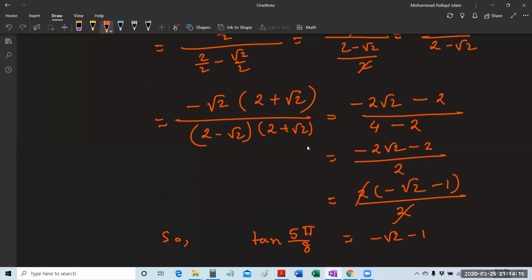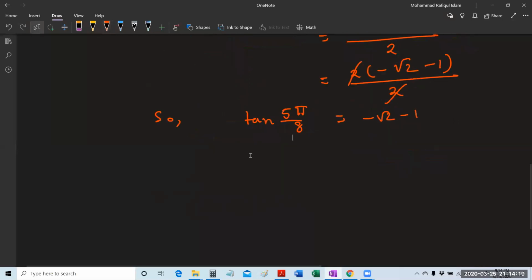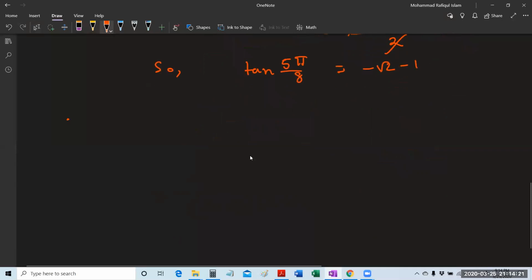Let's solve one more problem. Problem 2, find the value of cosine 5 pi over 8.